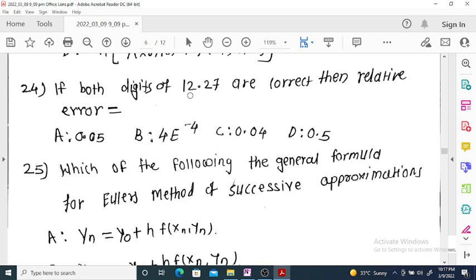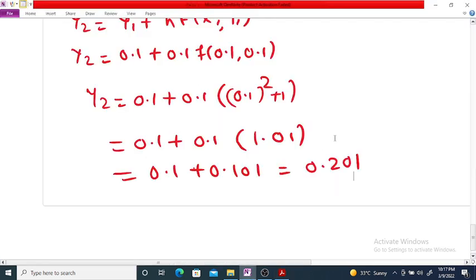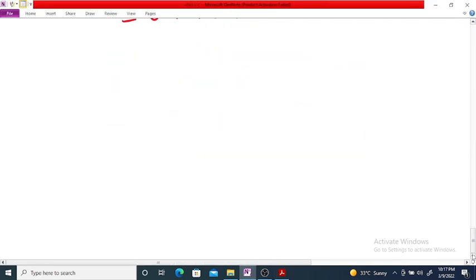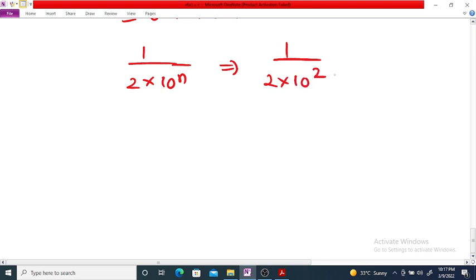Both the digits in 12.27 are correct; find the relative error. As we know, if a number is rounded to n decimal places, the upper bound for the absolute error is 1 upon 2 into 10 raised to n. Here the number is rounded to 2 decimal places, so it is 1 by 2 into 10 raised to 2, that is 0.5 divided by 10 raised to 2, which is 0.05.